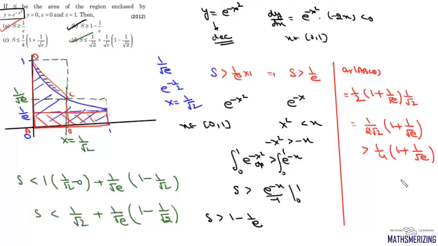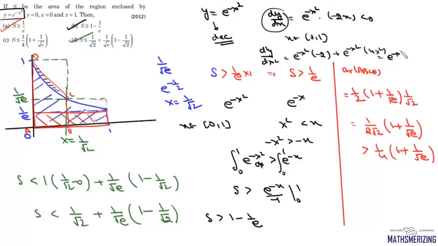And for that, for this function, we have already calculated dy by dx. We'll find its second derivative. So we'll find d2y upon dx square. Now d2y upon dx square will be e to the power minus x square into minus 2 and then plus e to the power minus x square into 4x square.